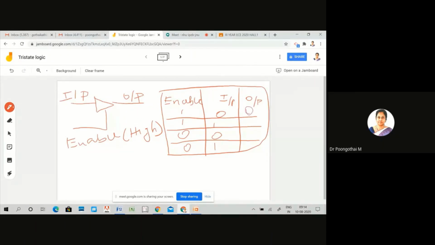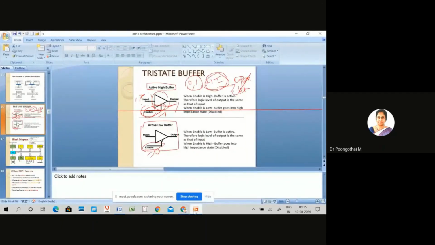Next, 1, 1. Output is 1. Your enable line is deactivated here. In that case, your output is in high impedance state. That is physically connected, electrically isolated. That state is called floating state.